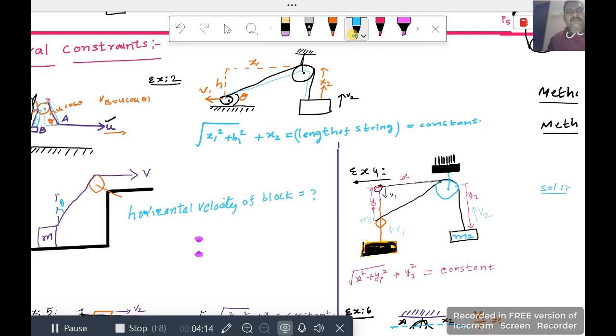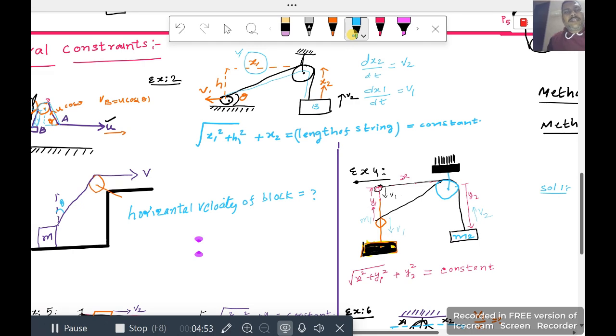And this is x1, which is changing. The change in x1 with respect to time represents v1, the velocity of this block. And the change in x2, dx2 by dt, is the velocity of block B, v2, and dx1 by dt is equal to v1.